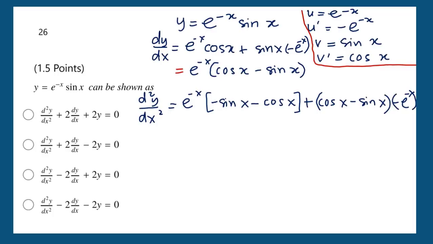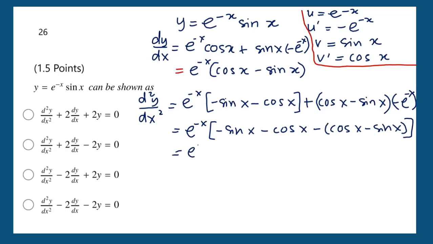Okay, so we are going to simplify this by factorizing out the e to the power of negative x, and you will have negative sine x minus cos x, and then negative of cos x minus sine x here. So simplify everything in the bracket.